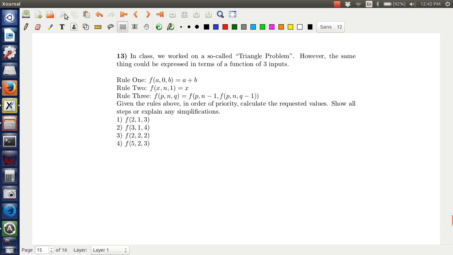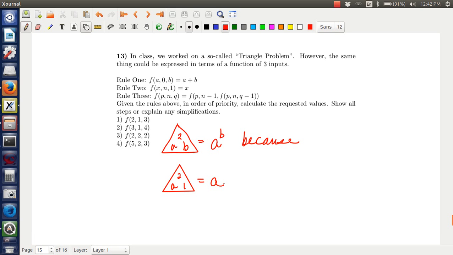You could say, all right, A to B is A to the B, because we can start with the base case. Let's see. A to 1 is equal to A, right?